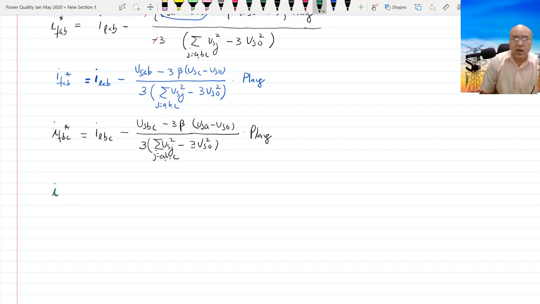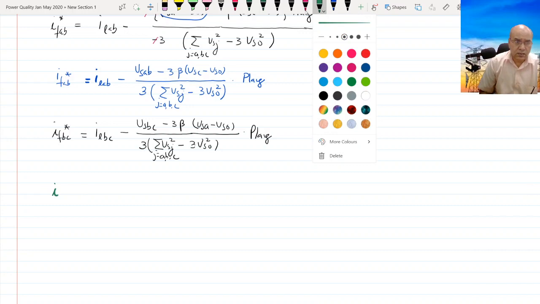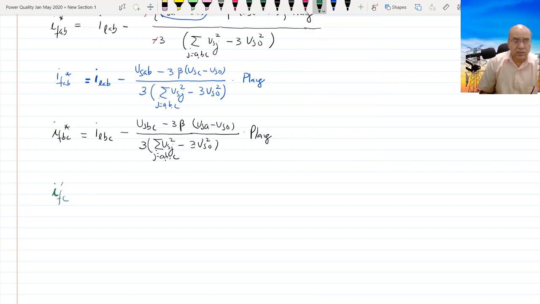So this is IFC star, equal to ILCA minus VSCA minus 3 beta VSB minus VS0, correct, divide by sigma VSJ square, J equal to ABC, minus 3 VS0 square.